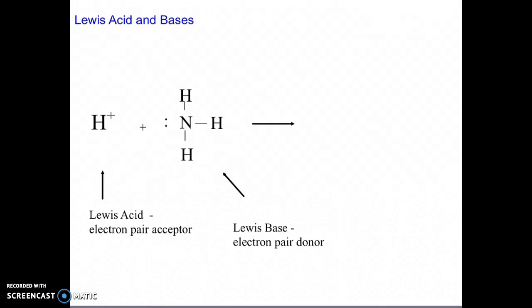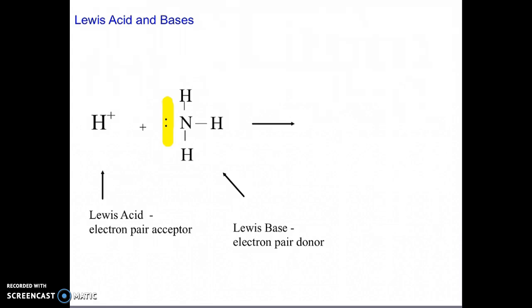So if you were taking a look at any H plus, it has no electrons. So it can accept electrons from typically somebody that has a lone pair. That would be called a Lewis base, where it is an electron pair donor.